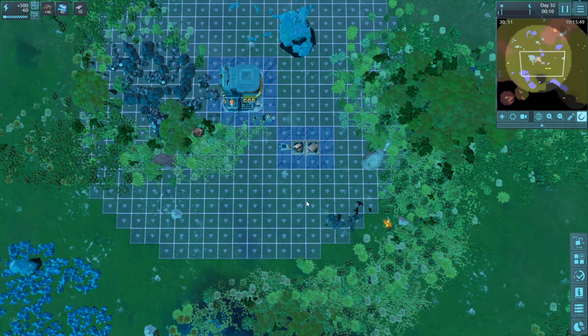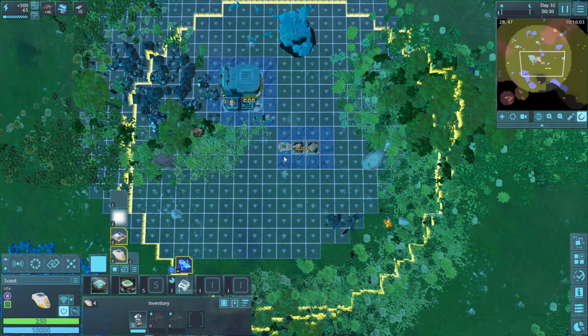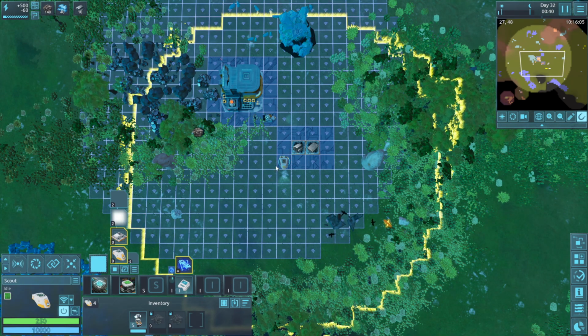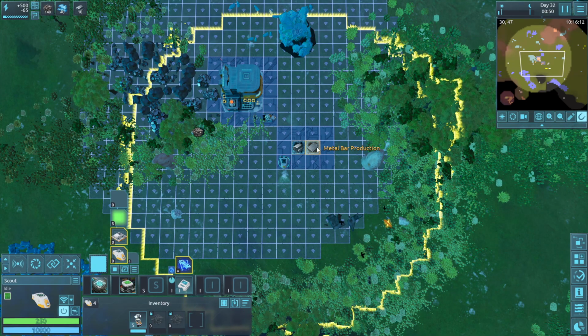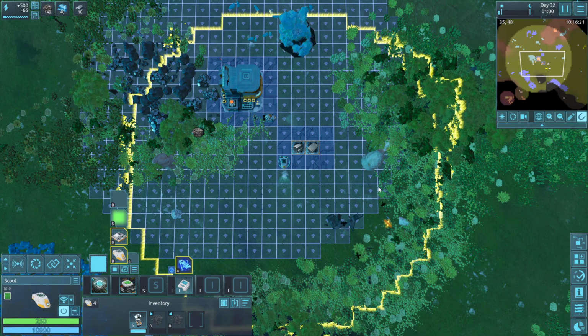Today we are going to be taking a look at my direction identifier behavior that's going to help us determine the direction a reference point is from our origin. So, for example, if we were setting up this scout to be our origin, and we were maybe trying to figure out where this metal production facility is from our scout, then we would be able to determine the direction on an 8-point axis, right?